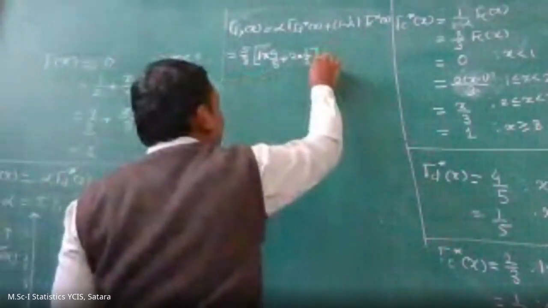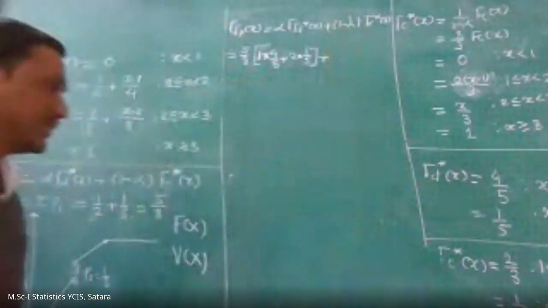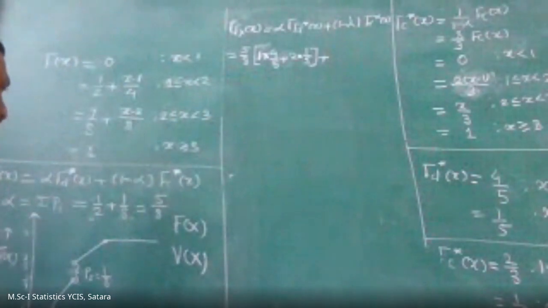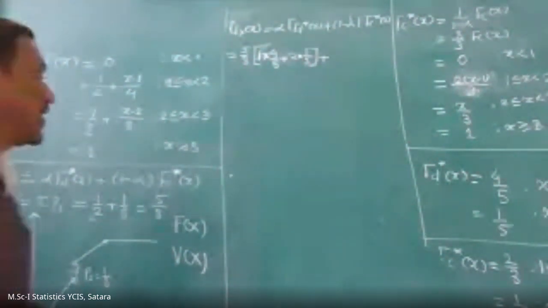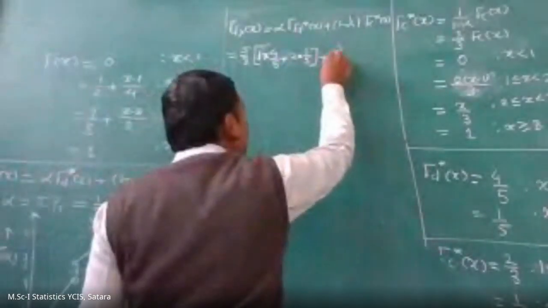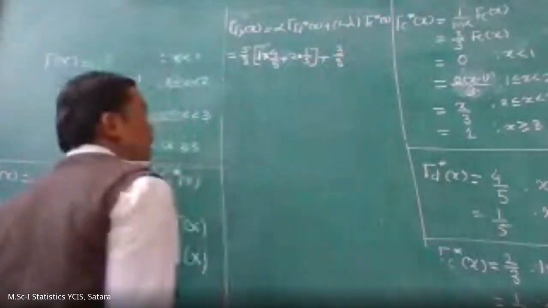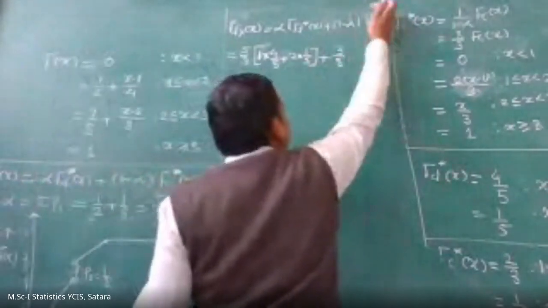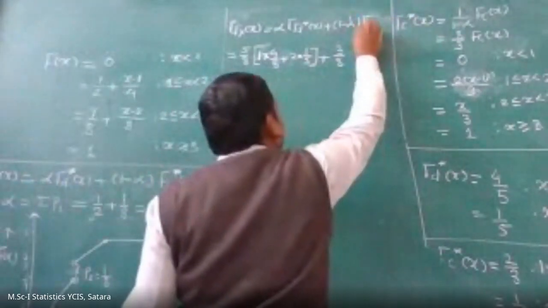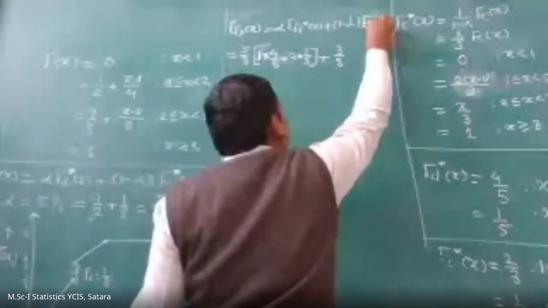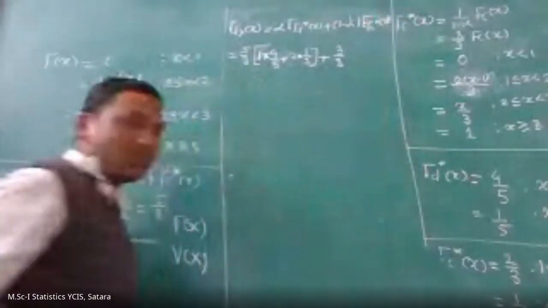Then 1 minus alpha, that is 3 by 8, into the expected value of fc star of x.